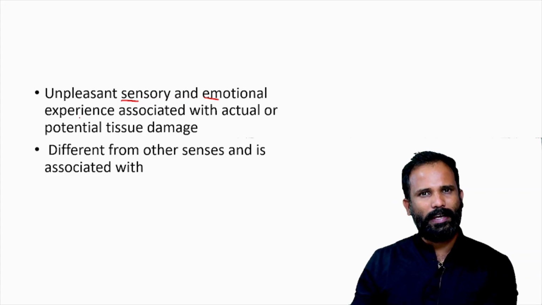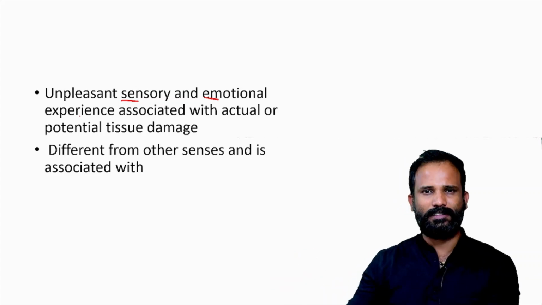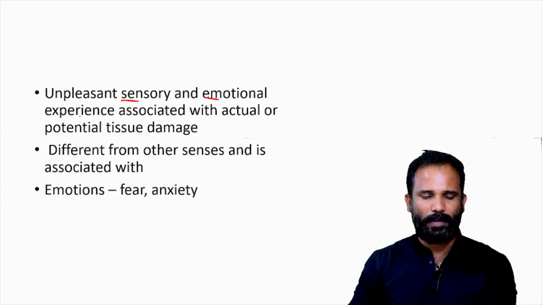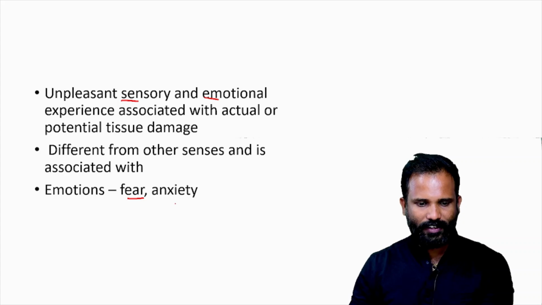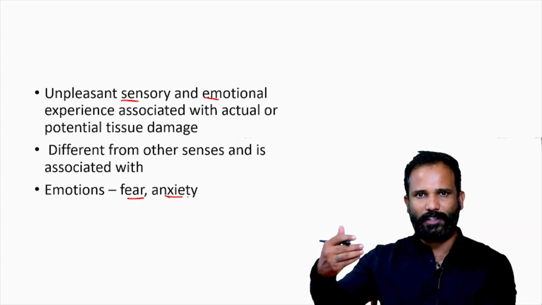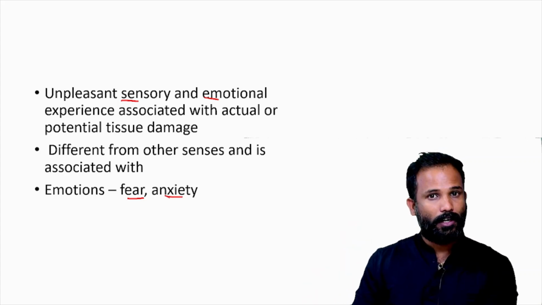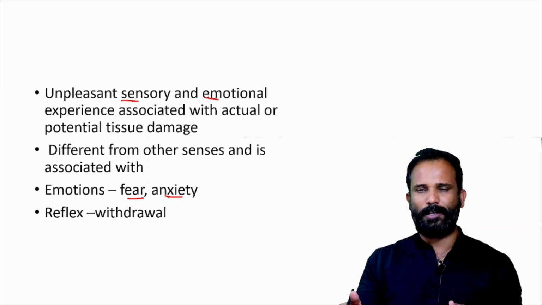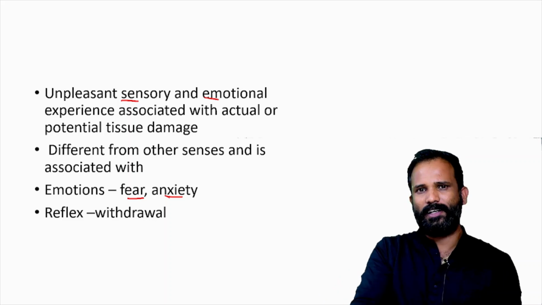And pain, when compared to the other senses, is different because it is associated with an affective component like fear and anxiety, and is also associated with a reflex. Let us think that you stepped on a thorn. You immediately withdraw your limb.